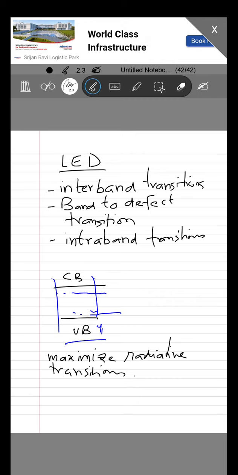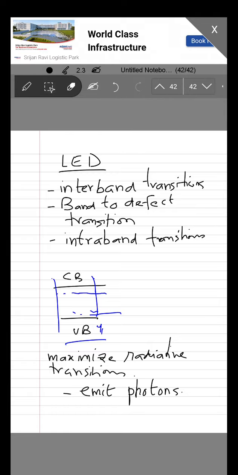And that means it will emit lots of photons. Now there are different ways by which an LED and an optoelectronic device works.